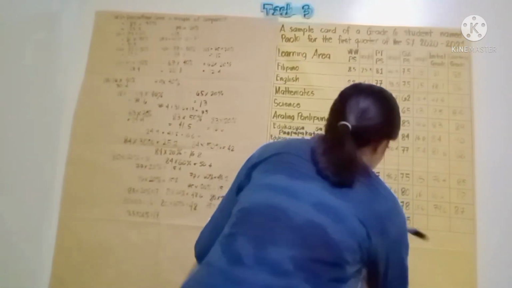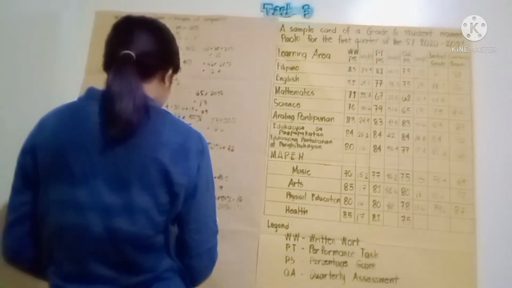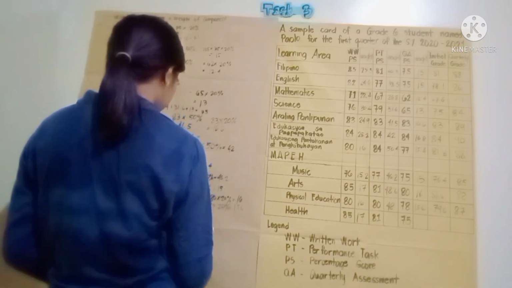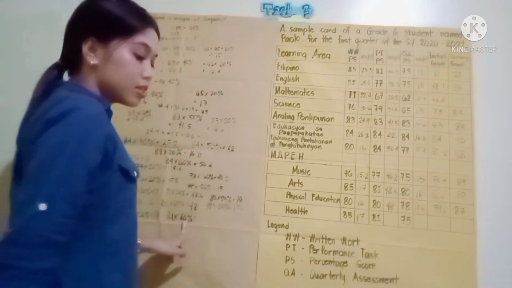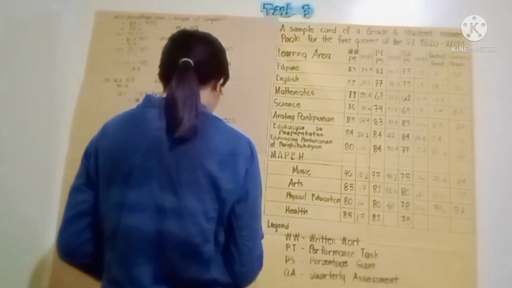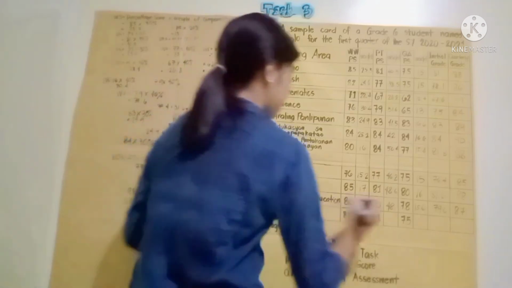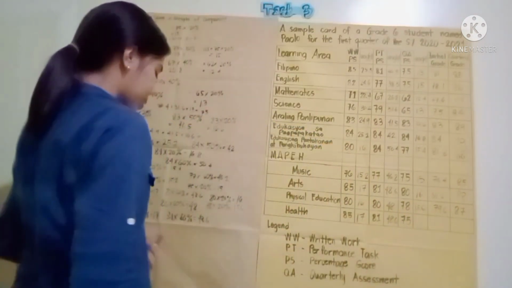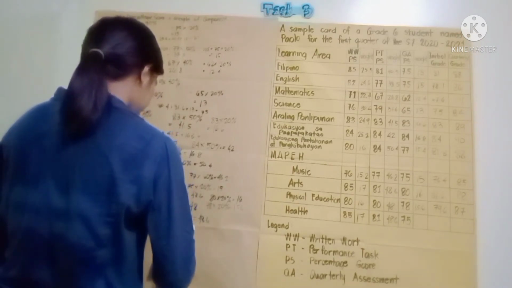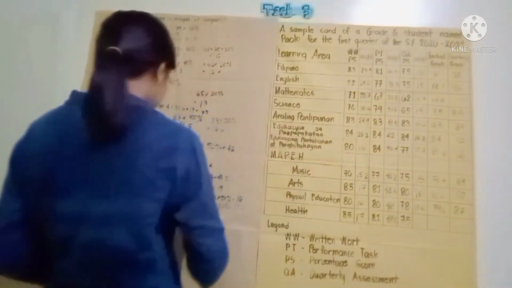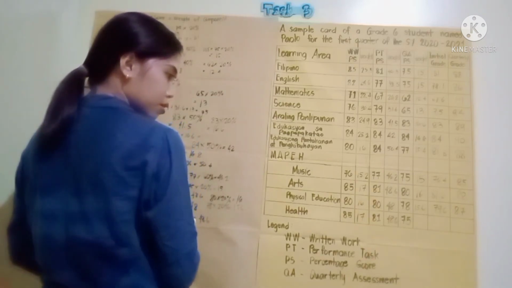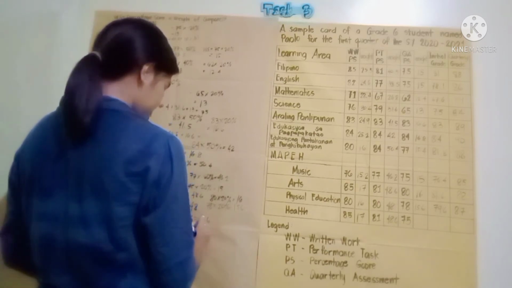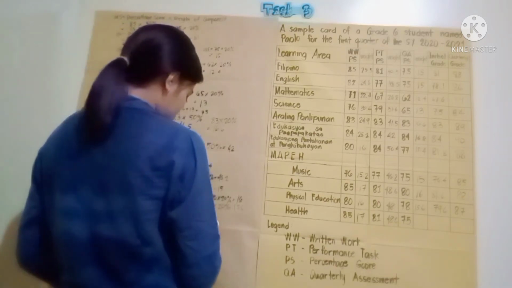Next is 81 multiplied by 60%, which is equal to 48.6. 75 for the quarterly assessment, 75 times 20% is equal to 15.